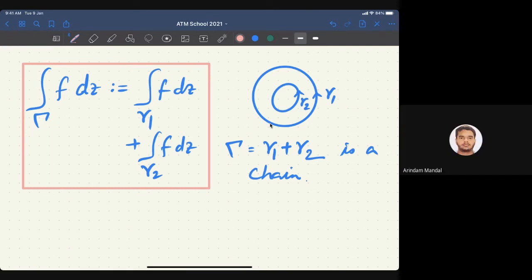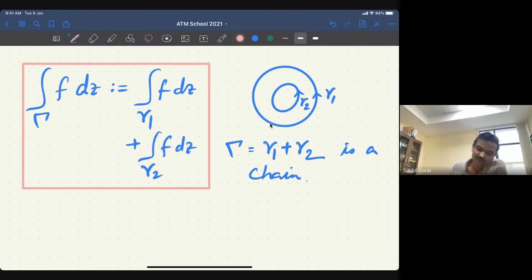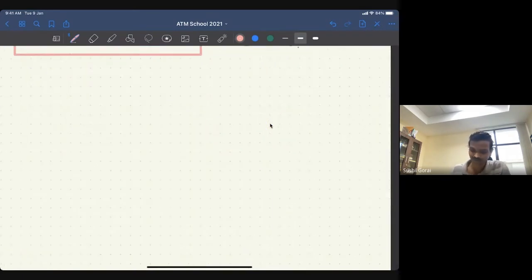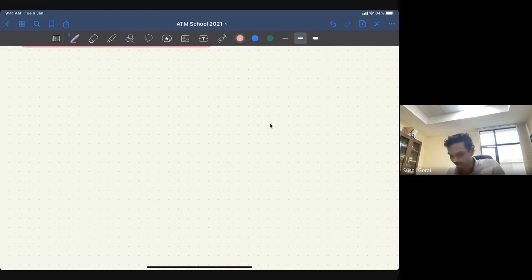So if it matches, you can consider it to be a single curve for the purpose of the chain. It doesn't matter. For the purpose of chain, if there are two curves where the terminal point of one matches the initial point of the other, then you can combine these two curves and consider one curve. So I'm telling you the rules of this game, though you will not go much further with this.